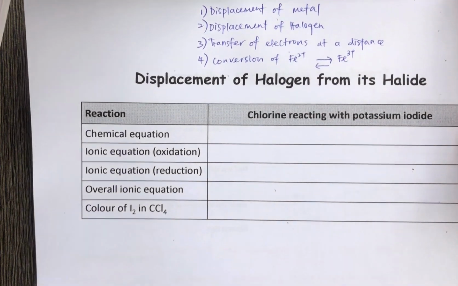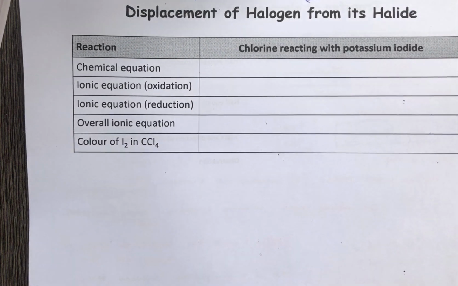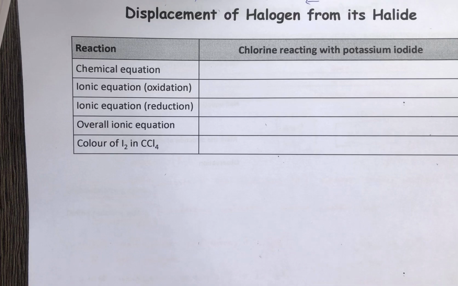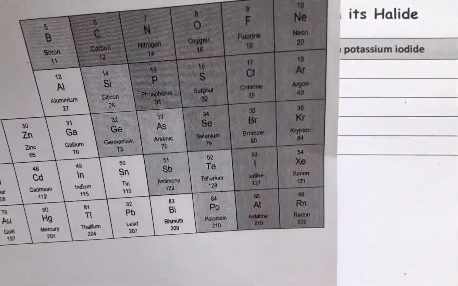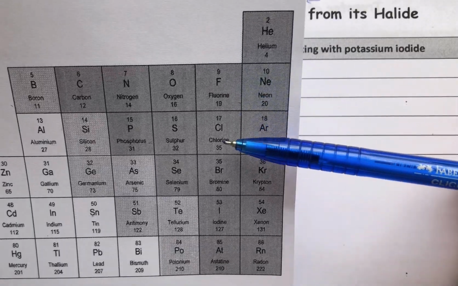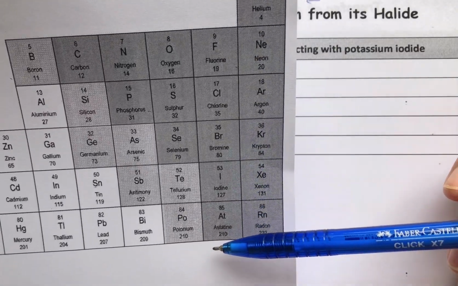Now, if you're still wondering what halogen is, let us do a quick recap. When you look at your periodic table, this is group 17, where we have fluorine, chlorine, bromine, iodine, and astatine.